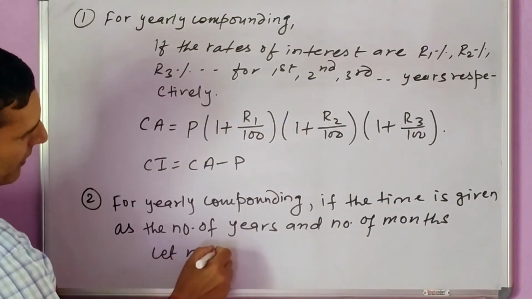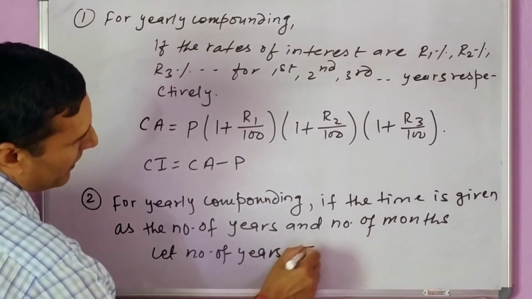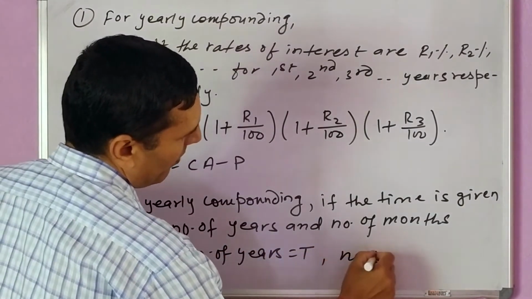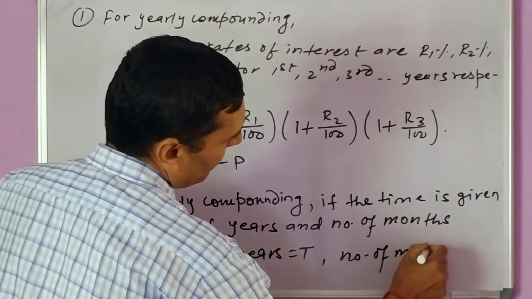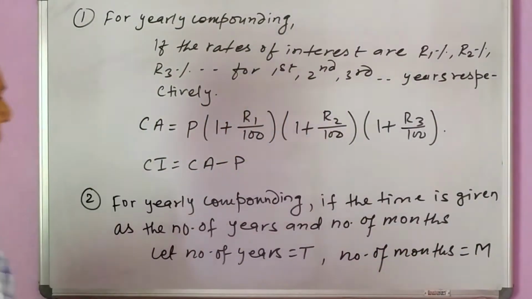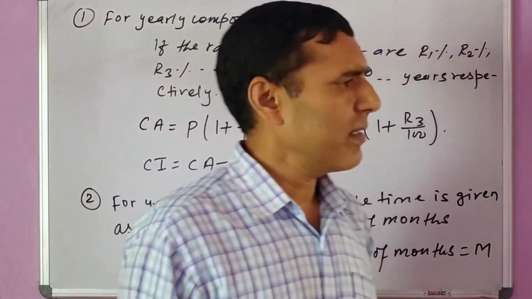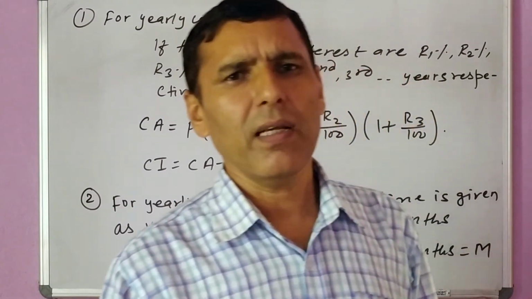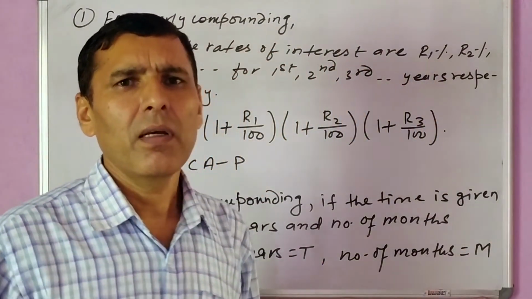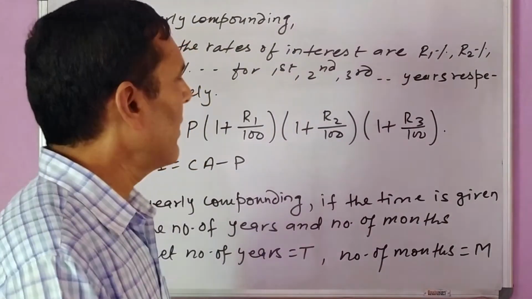Let number of years be equal to T and number of months be equal to M. That means for yearly compounding, the time is given as 2 years and 5 months, 3 years and 8 months, and 5 years and 3 months, like that.